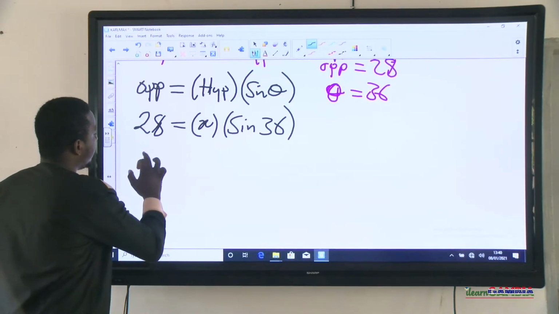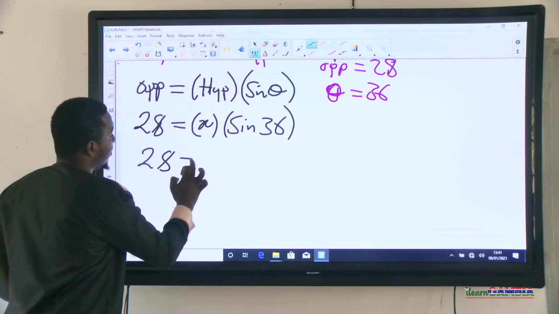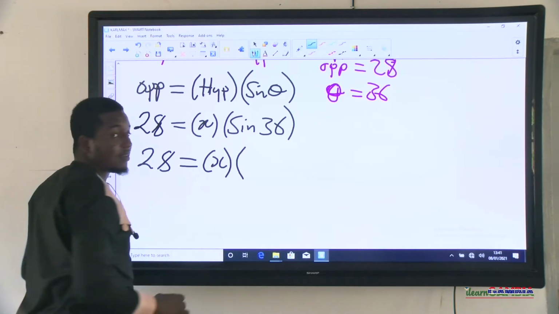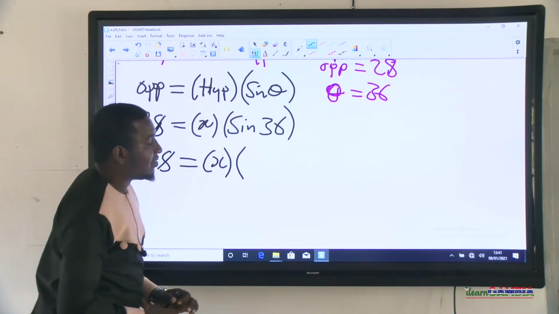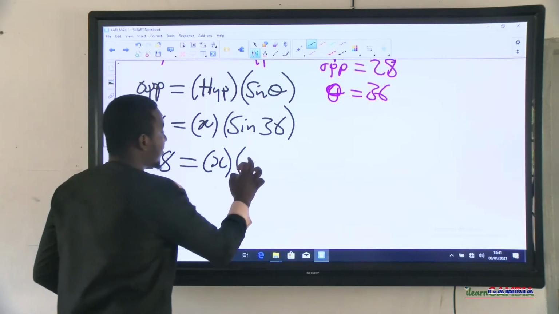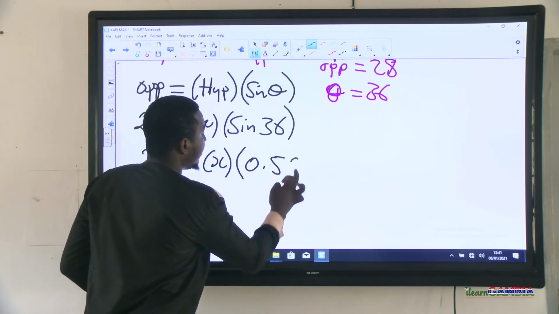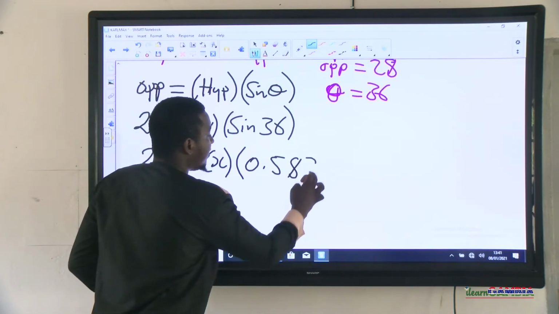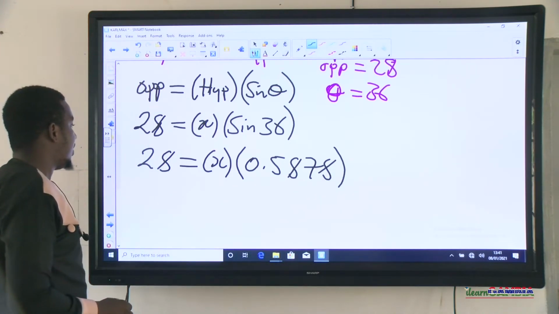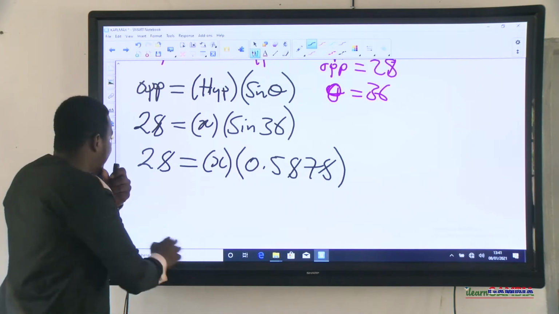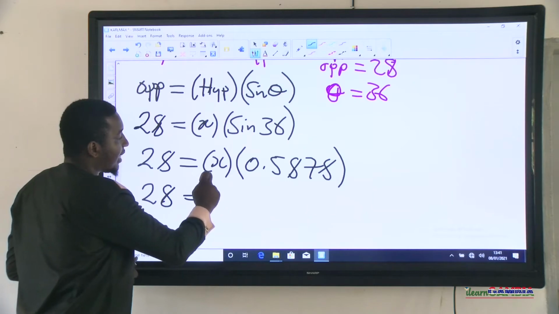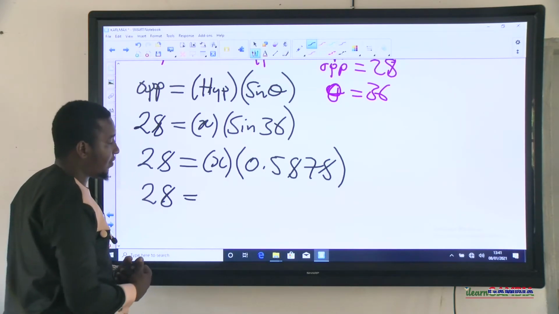Now we are going to have 28 is equal to x multiplied by sine 36, which is going to give us 0.5878. So if you multiply, you're going to have now 28 is equal to, multiplying x by 0.5878 will give us 0.5878x.